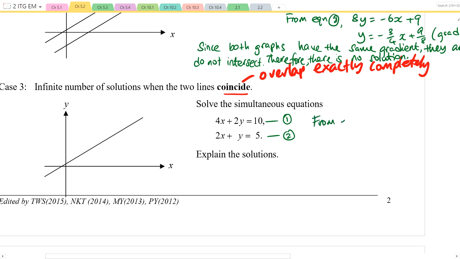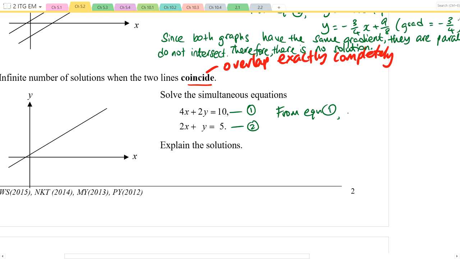So from equation 1, if we divide by 2 throughout, this is what I'm going to obtain. 4x divided by 2, we get 2x. And then plus 2y divided by 2, you get y. 10 divided by 2, you get 5, which is the same as equation number 2.